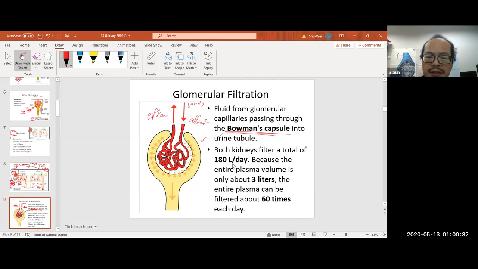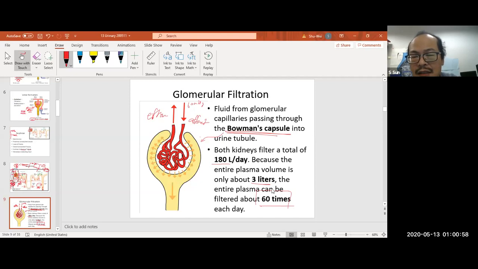The number here is that this filters 180 liters a day. The fluid portion of our blood is 3 liters, so our fluid goes through this process 60 times a day. That's how we keep our blood clean.